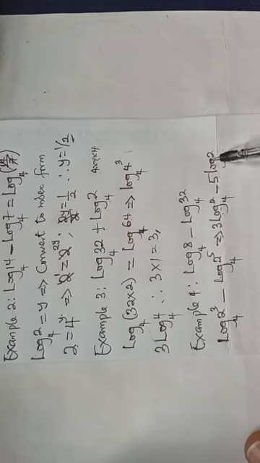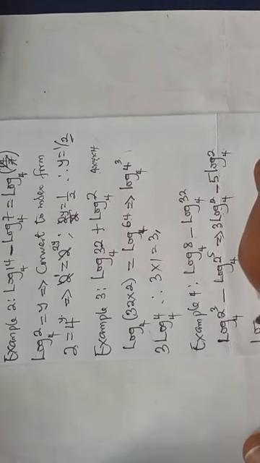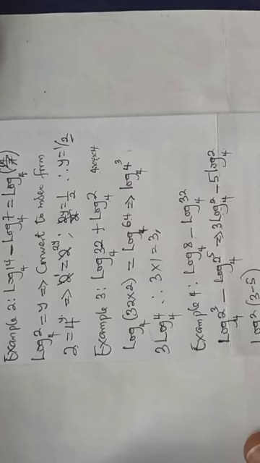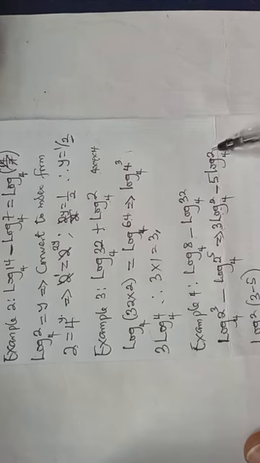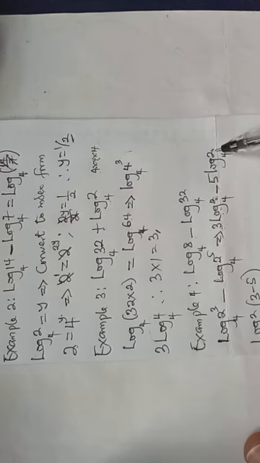Now if you watch here, what is common is this log 2 to base 4, so I bring it outside. Then I'm going to have log 2 to base 4 into bracket 3 minus 5. Note that the subtraction law does not affect this thing at the back. It affects the main numbers here.